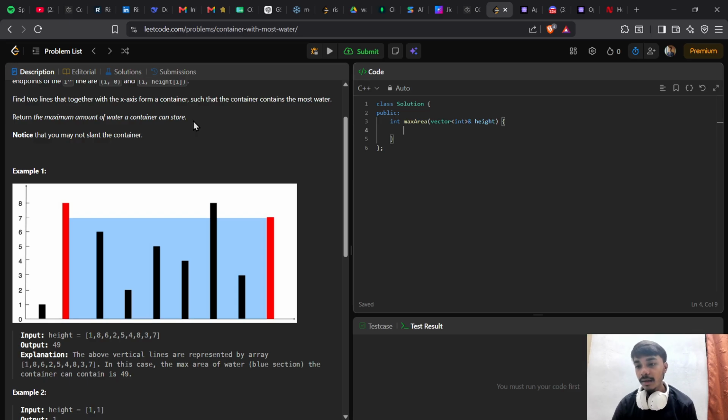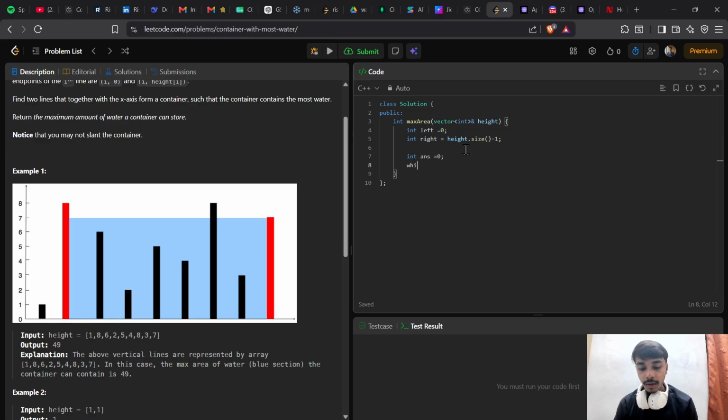So okay, let's see it in the question itself. Let's start with left equals 0 and right equals height.size() minus 1, so that we don't go out of bounds, and int answer equals 0.